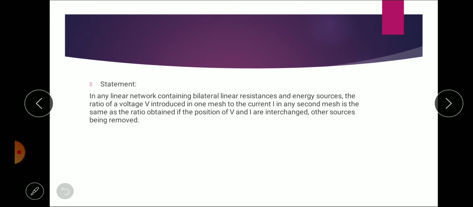The reciprocity theorem leads to a definition of the transfer resistance RT, where V is the voltage in mesh 1 and I is the current in the second mesh. So RT12 equal to V1 divided by I2 equal to RT21 equal to V2 by I1.